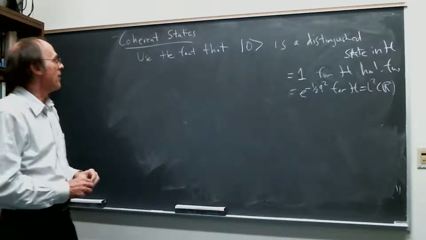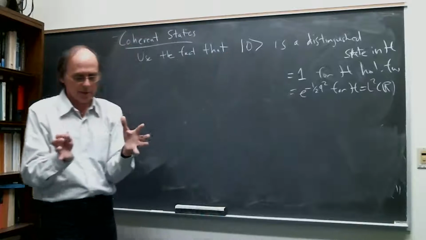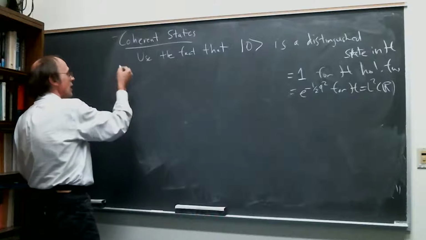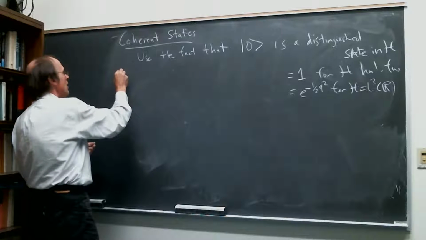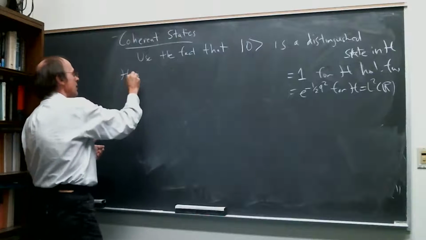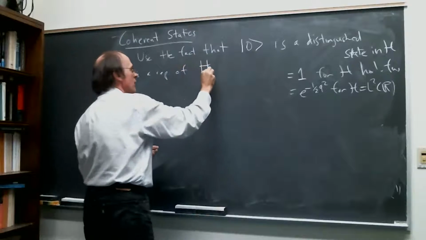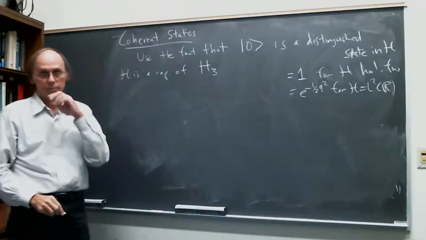Okay. Now what do you do if you're given a distinguished state? Canonical quantization says that H is a representation of the Heisenberg group H3.